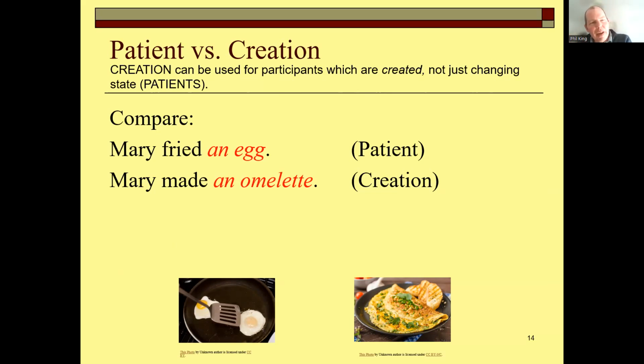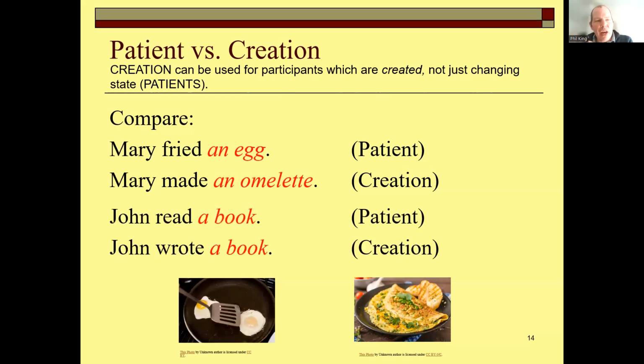So for example, Mary fried an egg. The egg is a patient because the egg is changing from being raw to being cooked. The egg was there at the beginning and at the end. Whereas Mary made an omelette, the omelette is a creation. The omelette did not exist at the start. It was just a set of eggs and cheese and herbs and whatever. And at the end, we have an omelette. So the omelette role might be considered a creation.